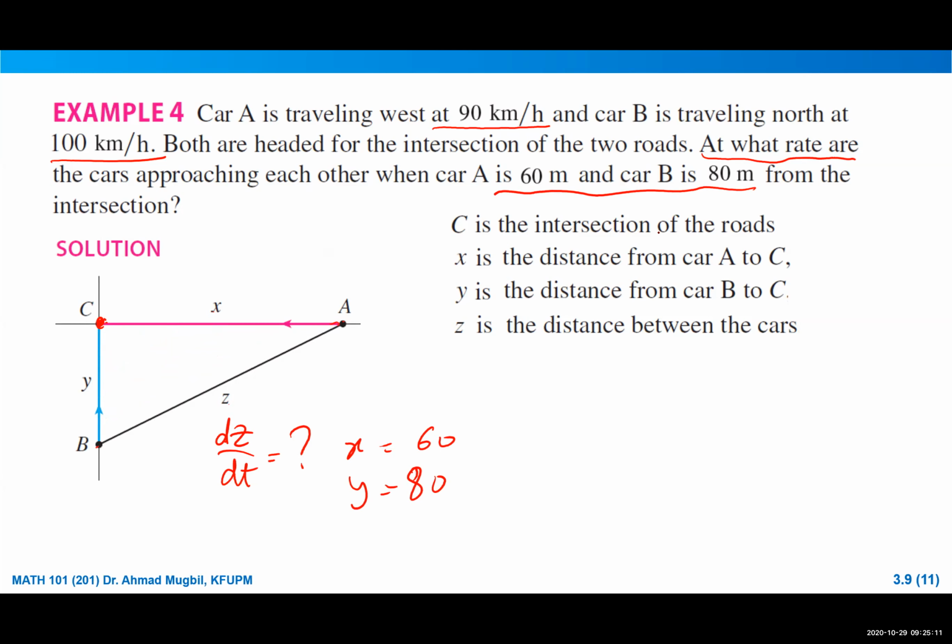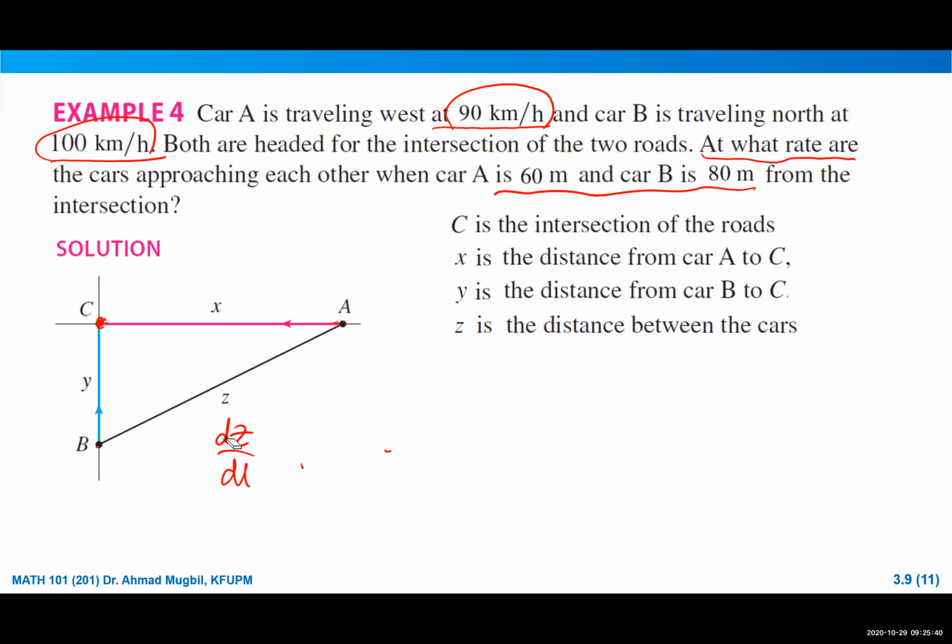So let's say C is the intersection point of the roads, and X is the distance from A to C, and Y is the distance from B to C, and Z is the distance between the two cars. Now, what is this? This is, as I said, dx/dt, and this will be dy/dt.